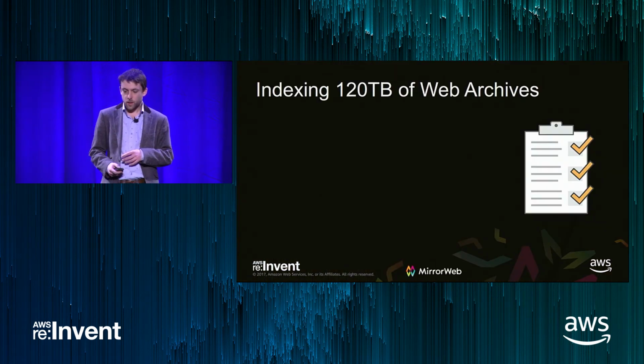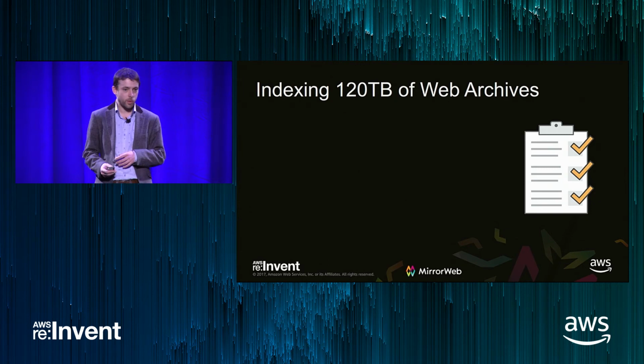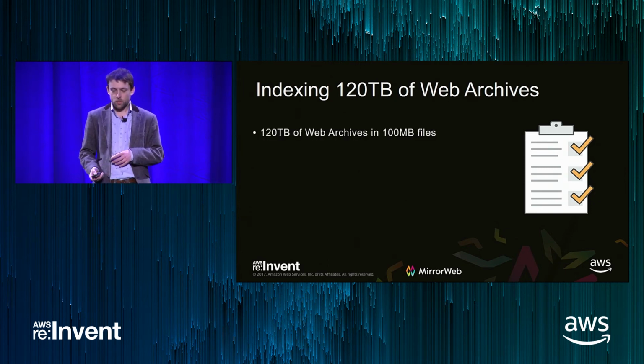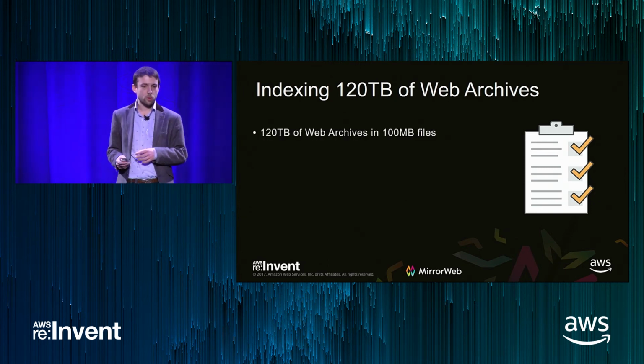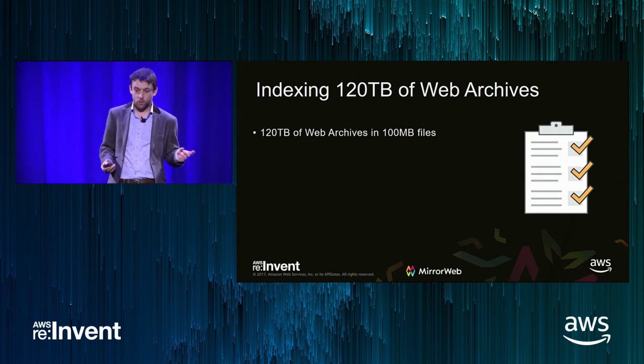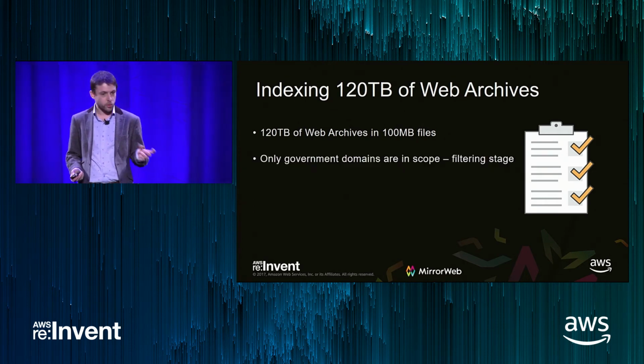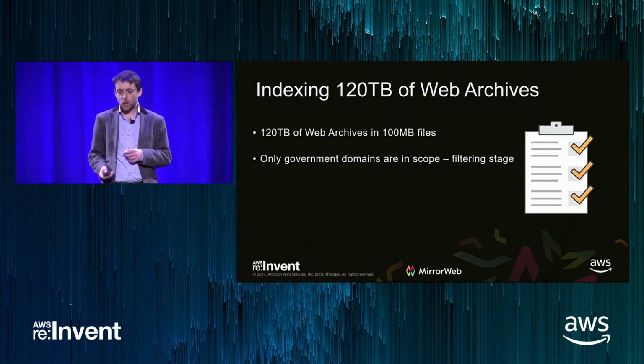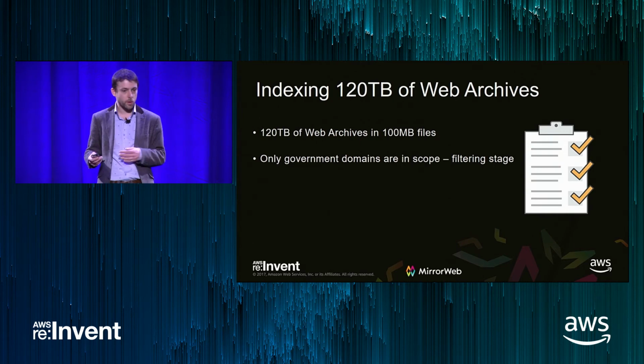So, indexing 120 terabytes of web archives. The web archives are all stored in 100 megabyte files, and they were all stored in S3. We had to filter down the content so that the search only provided results for government domains. Web crawlers traditionally can spread off onto the internet and archive and pull down lots of stuff.